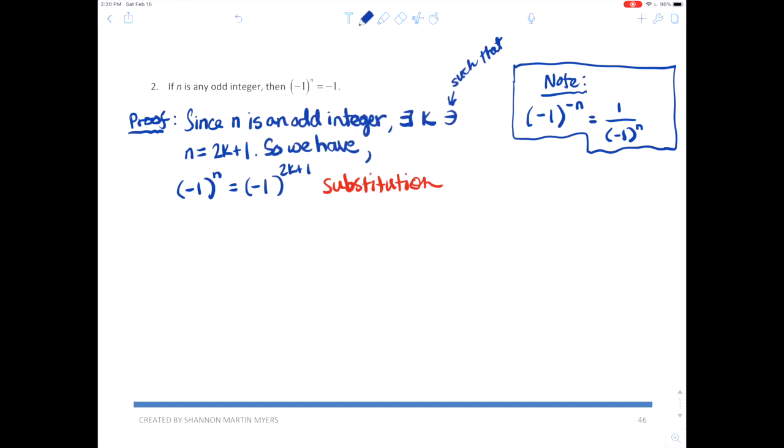Next up, we would say that this would equal, remember your laws of exponents, -1 raised to the 2k times -1 raised to the 1. You can either call them laws or properties of exponents.